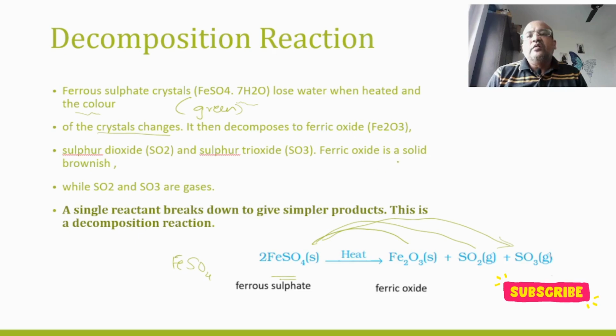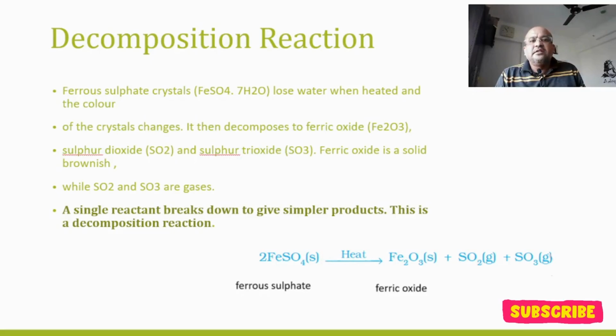Ferric oxide is solid and brownish in color, so the color changes from green to brownish. Then which gases come out with that? We get sulfur dioxide and sulfur trioxide gas. These two gases also we get along with this.